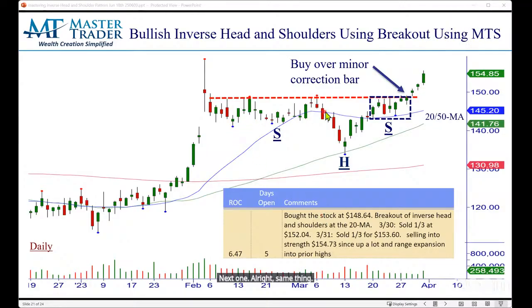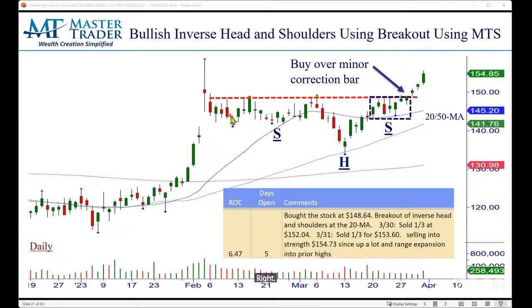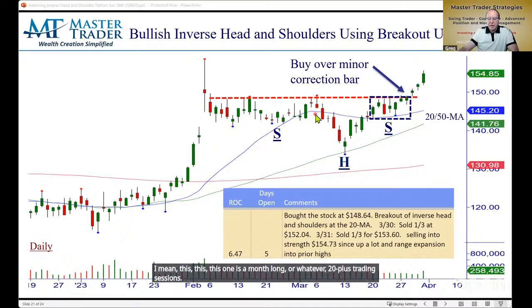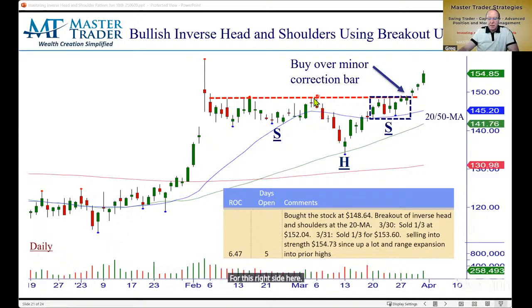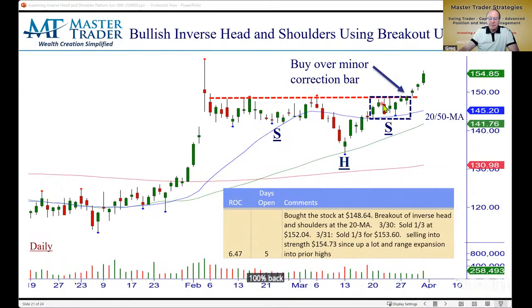Exactly. And so this debunks the idea of symmetry. I mean, this one is a month long or whatever, 20 plus trading sessions for this right side here. And so at this point, it looked like it was going to go up, right? Who knows why? I mean, March, maybe just the market environment. It spikes down, 100% back up again, sideways there. Notice the bottoming tail bar that breaks the lows.